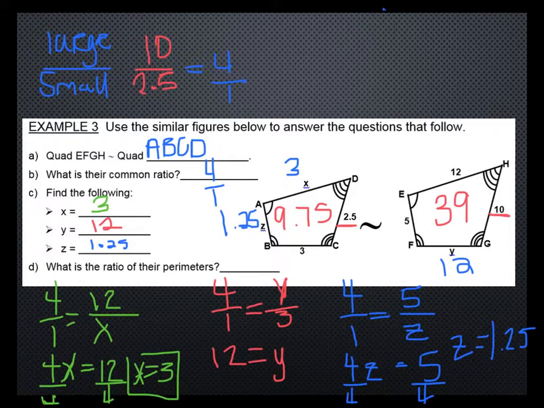If we set up a ratio of their perimeters, large over small, we would have 39 over 9.75. When you put that into a calculator and reduce it, that's 4 over 1. So the ratio of the perimeters shows to be the same thing as the common ratio.